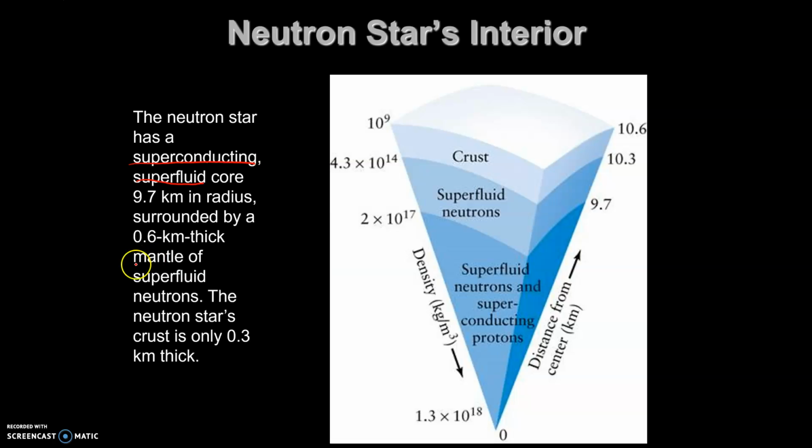Then after this, we have another mantle of superfluid neutrons, which is a little bit less thick, and then our crust is only about 0.3 kilometers thick. So we're going to have mostly this superconducting superfluid, which will contain most of the star's interior.